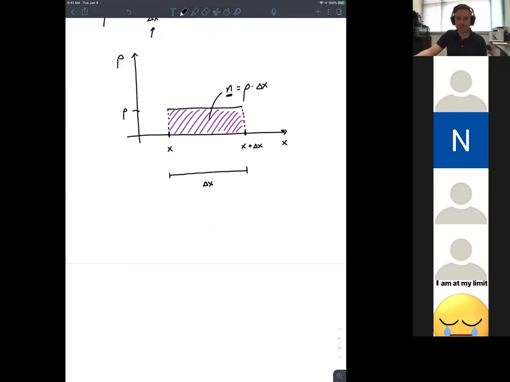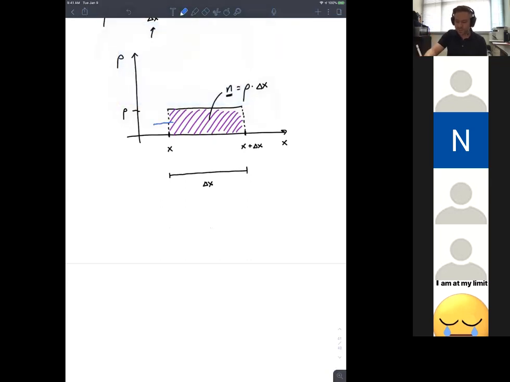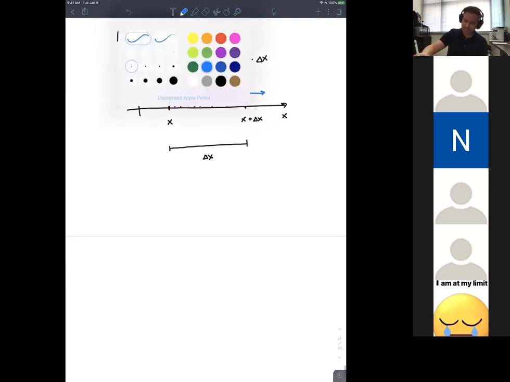Now, how is N going to change? It can only change in 2 ways. One is if you get a flow of particles into that volume, and the other is if you get a flow of particles out of that volume.